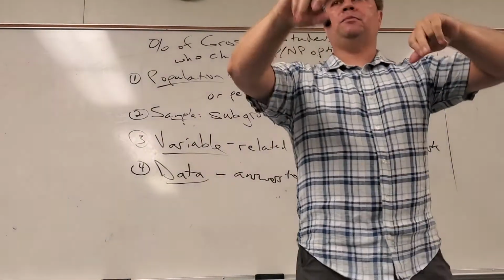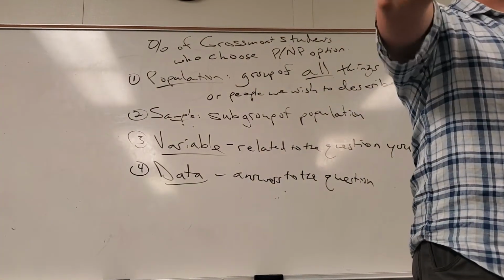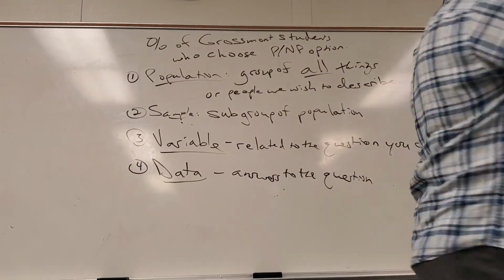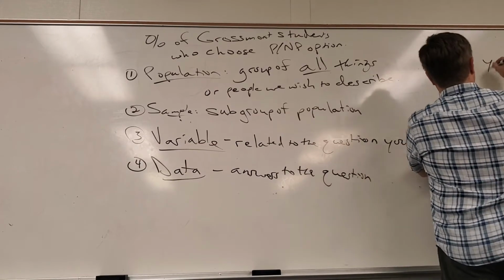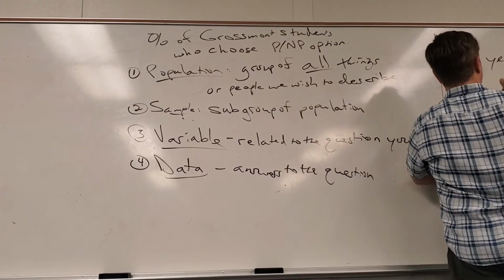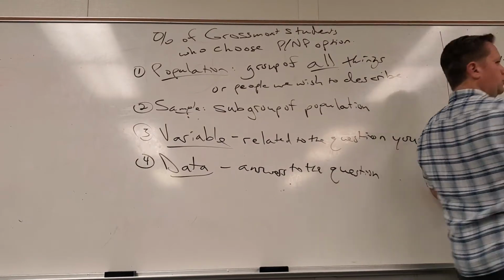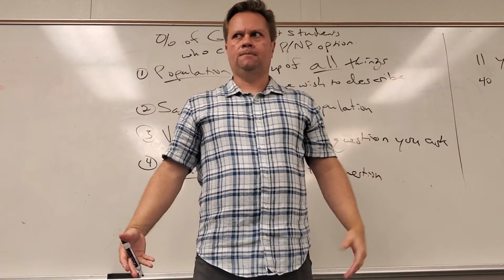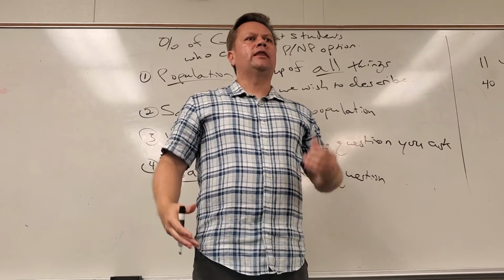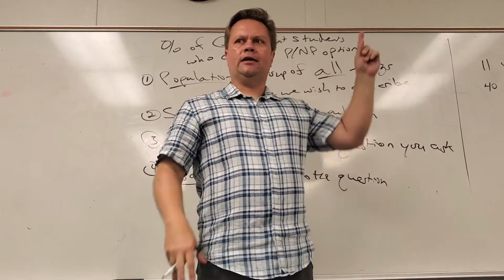Let's say I ask everybody the question, and instead of actually sitting here, I'm going to pretend 11 people said yes, and I think there's about 50, so we'll say 40 people say no. You with me? So that's my data. What do I then do with that data to answer the question?